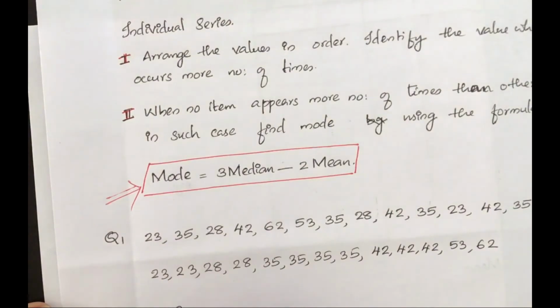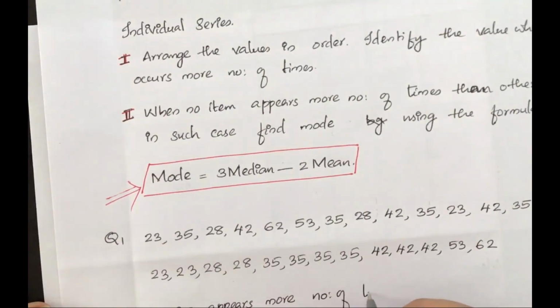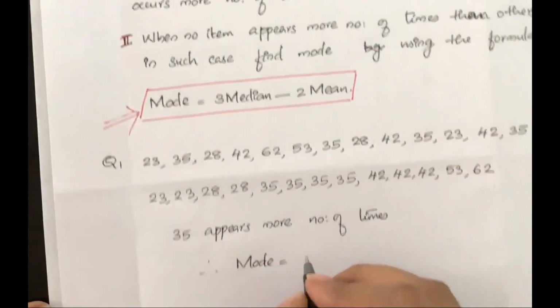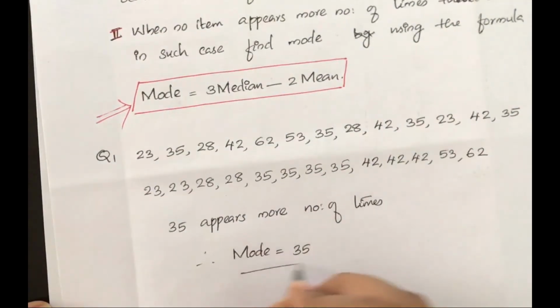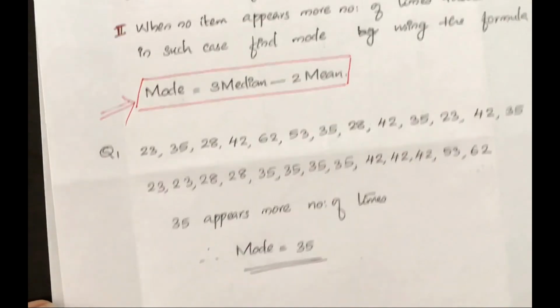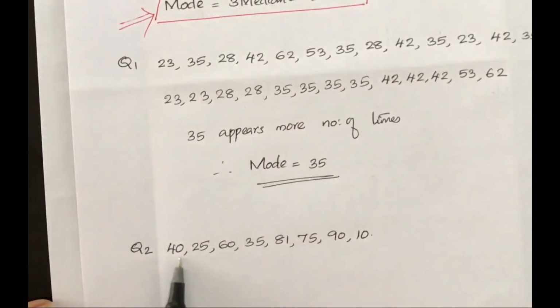So 35 appears more number of times, therefore mode is equal to 35.